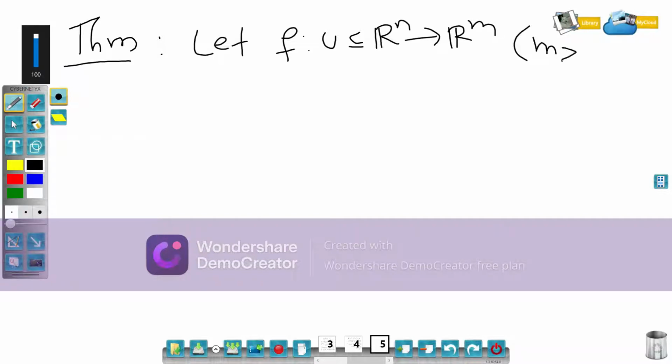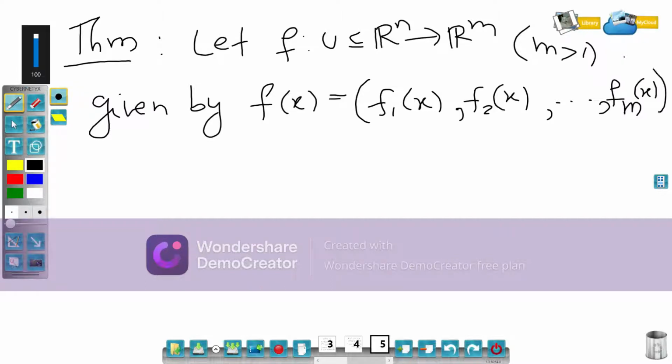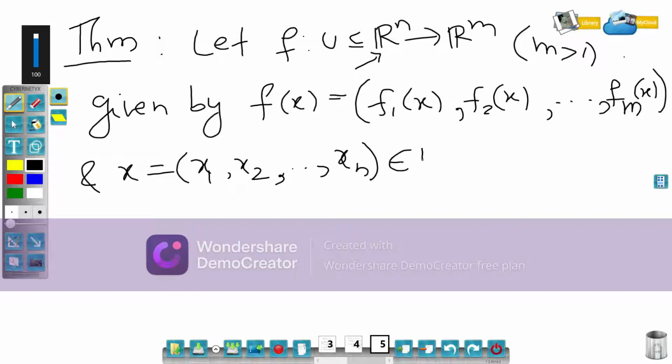Here m is greater than 1, given by f of x equal to (f1(x), f2(x), ..., fm(x)), and here x belongs to Rn, so it is x1, x2, up to xn, which belongs to U subset of Rn.